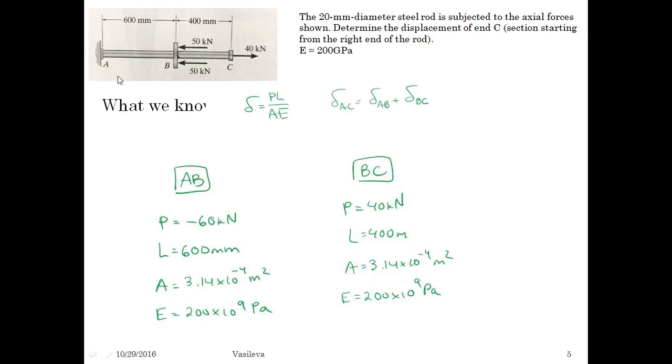Some of you were putting in 1 meter or 1 millimeter. I don't know why, I was really confused. The segment length is 600 millimeters. The area is what we calculated. E is the same. For BC, we found 40 kilonewtons. The length is 400 millimeters, right? And A is the same as for AB, and so is E.